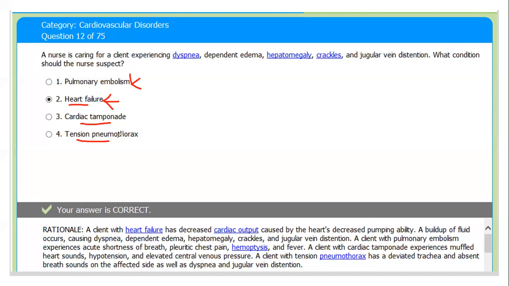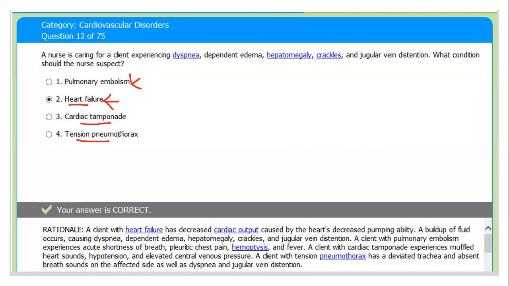Tension pneumothorax is generally considered to be present when a pneumothorax, like primary spontaneous or secondary spontaneous or traumatic, leads to significant impairment of respiration or blood circulation. So this causes a type of circulatory shock, and we call it obstructive shock, important for our board exam.